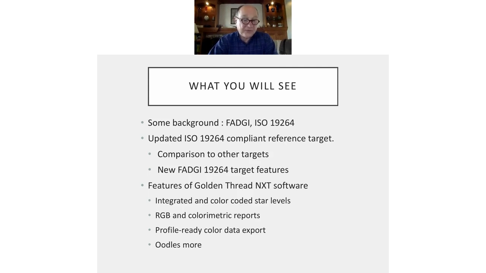Just briefly, there's some integrated and color-coded star levels, not only RGB, but also colorimetric reports, and what I call profile-ready color data exports. We don't do color profiles, but we've worked with the manufacturers of color profile software to ask, okay, so if you have a license for this particular software set, how would you like us to export the data that you can build that profile from?